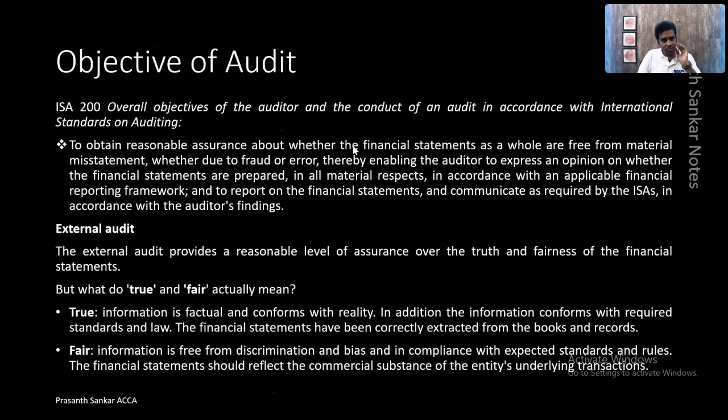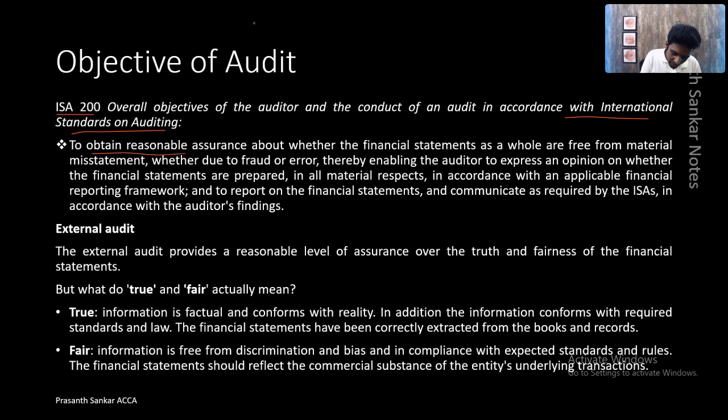This is the entire overview of the responsibility metrics for an auditor. So what is the objective of an audit engagement? As per ISA 200, the overall objectives of an auditor and the conduct of an audit in accordance with the International Standards on Auditing. The definition of audit states the following, directly from ISA 200.